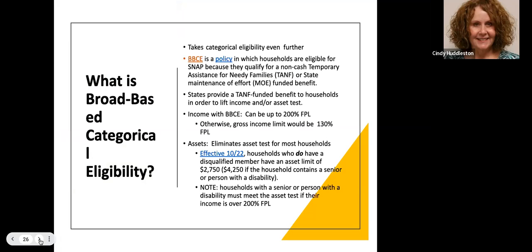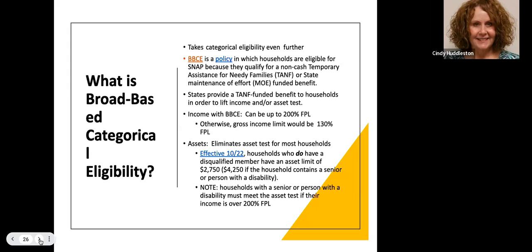But since 1996, states have been able to expand categorical eligibility beyond its traditional bounds with what is called broad-based categorical eligibility. In the SNAP program, as most people know, it generally operates under a nationwide consistent set of federal eligibility rules.